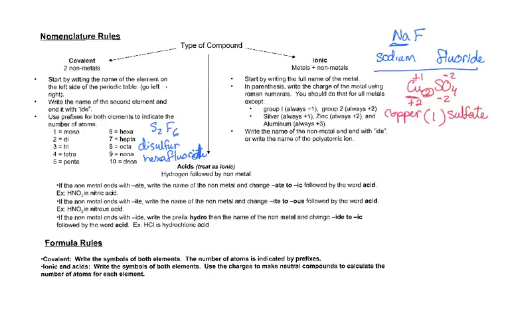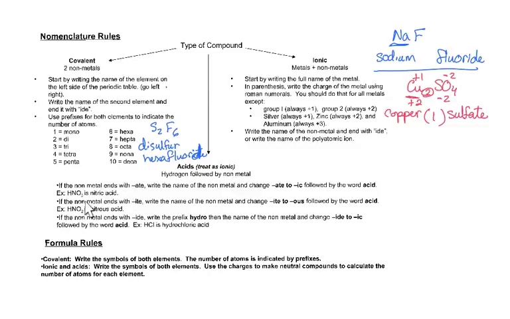Then for the acids, you look at the nonmetal. If it ends with ate, then what you do is you write the name of the nonmetal and change ate to ic, followed by the word acid. So this was nitrate, so it becomes nitric acid.